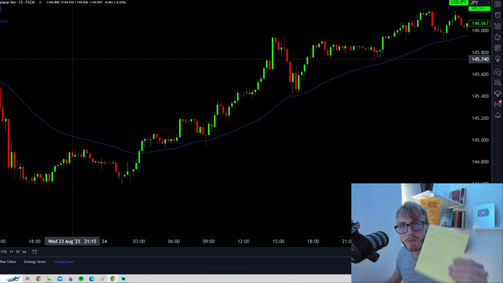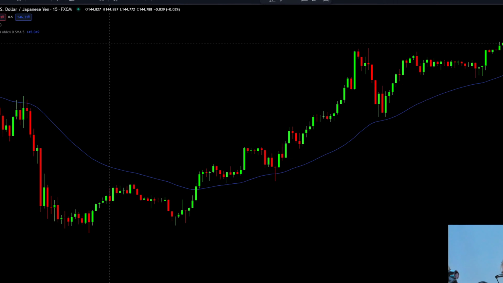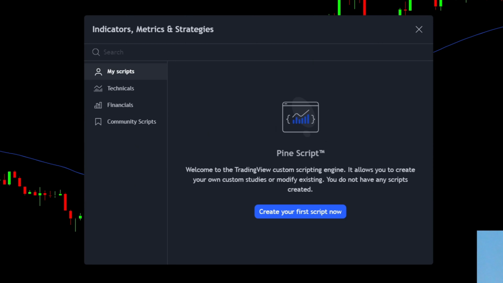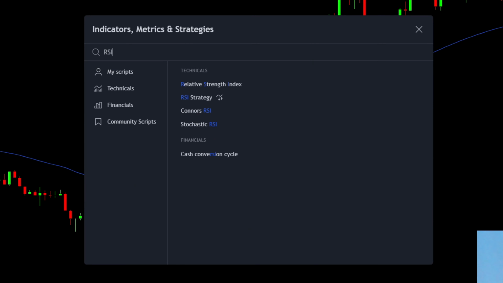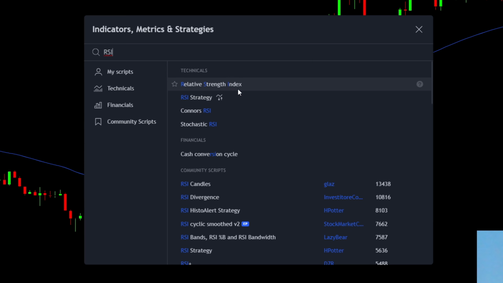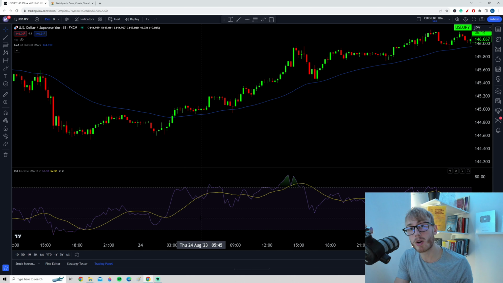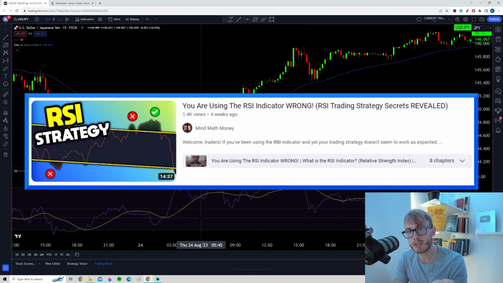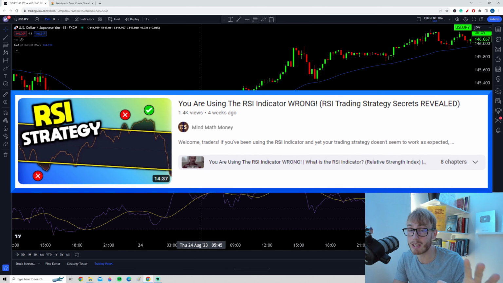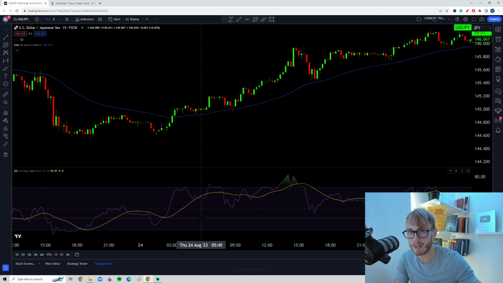Yet another tool for confirmation I do want to use here is that I do want to go up to the indicators tab once again, and I do want to open up the RSI, or in other words, the relative strength index. And as you already know, if you have been watching my video about the RSI indicator, which I also highly recommend you check out after this video, I go really in depth about the RSI and various different ways how to use it.